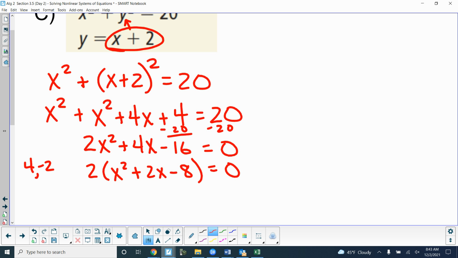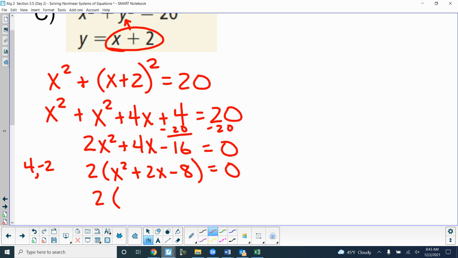Right, 4 and negative 2, right? So this will factor quicker. That's a little quicker than the quadratic formula. But again, if you don't like to factor, that's fine. Just put it in the quadratic formula. Your A would be 1, your B would be 2, and your C would be negative 8. You'll still get the same answer.